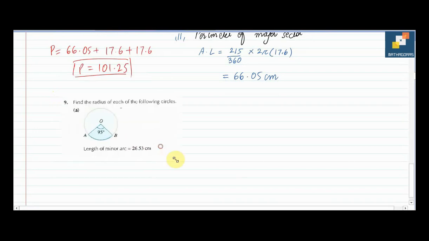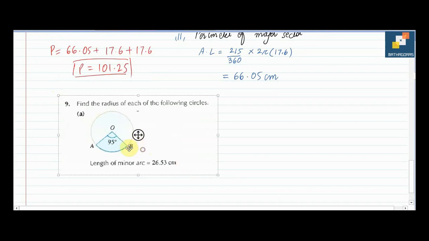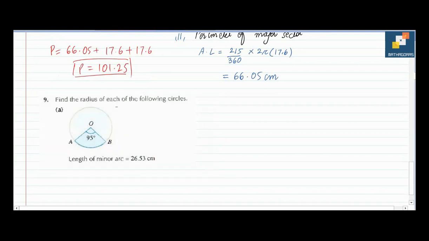Now the similar type of questions, but the way of using the formula is slightly changed. Find the radius. Now radius is unknown in all the parts of question number 9, and the arc length is given, right? So one thing you need to understand and implement: whatever condition is given, you need to use that condition.